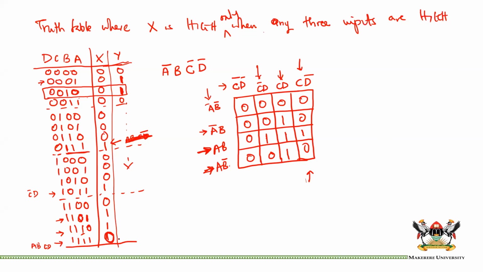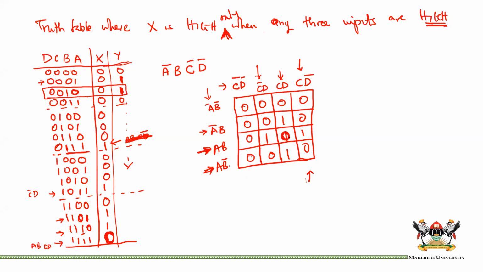I don't know if that is what was confusing you, but I think that should be 0 because we have said any 3 are high. That's why I added only when any 3 are high. It doesn't mean any 3 or more, right? So I think that is actually a 0.